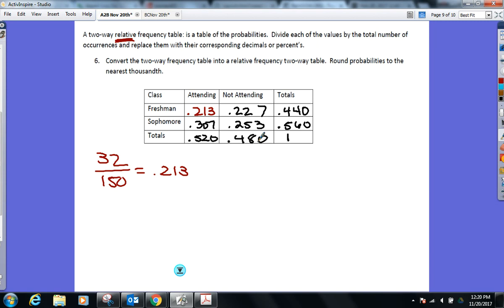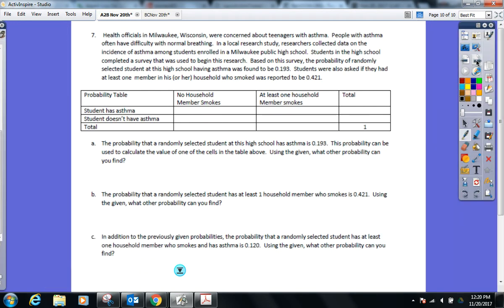Everyone all right? This kid, I'll tell you. All right, last one. That's what I'm working with here. 6th period. There's a lot to read there.